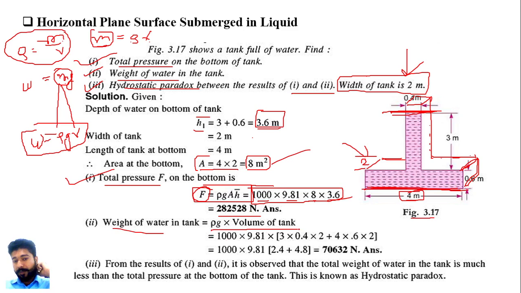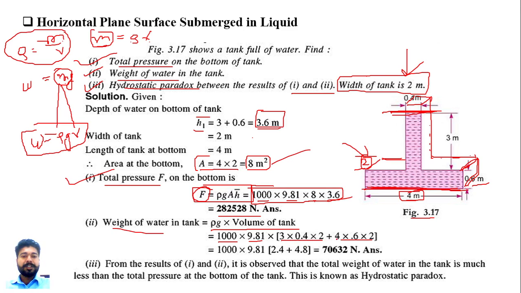The V is the volume of the tank. Rho is the density of water, g is 9.81, and the volume of the tank is the vertical column, 3 into 0.4 into 2, length, width and height, plus the bottom horizontal part, where the length is 4, the height is 0.6 and the width is 2, which is the total volume of this whole closed system.